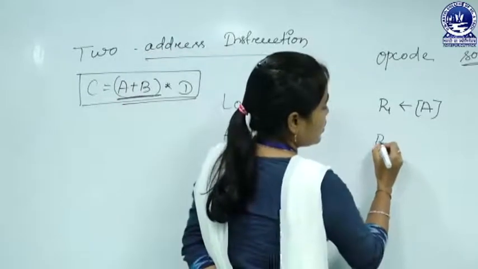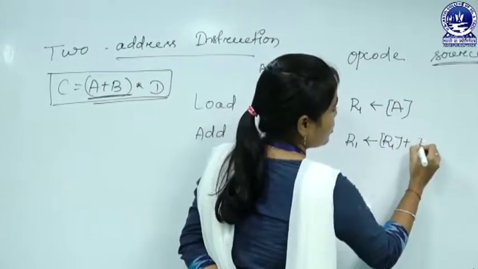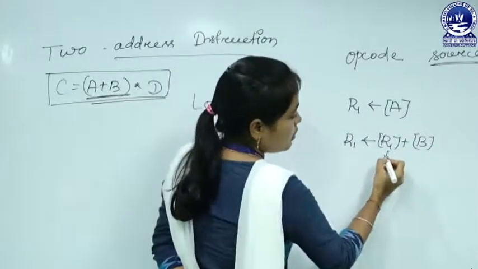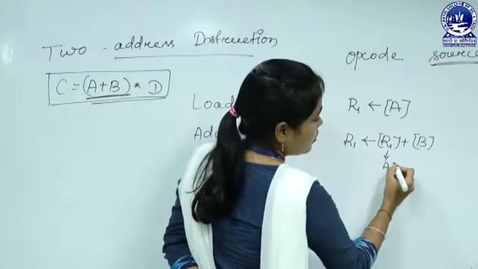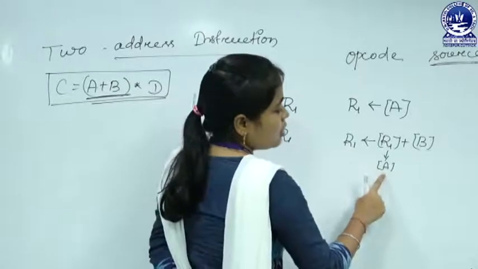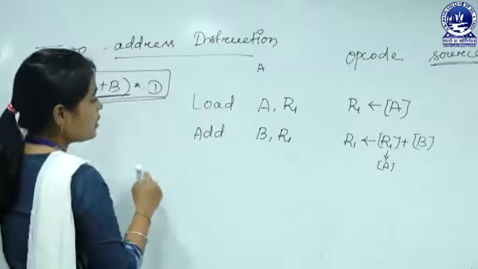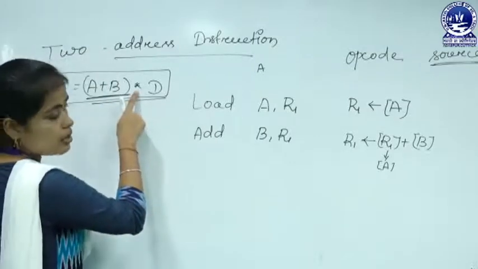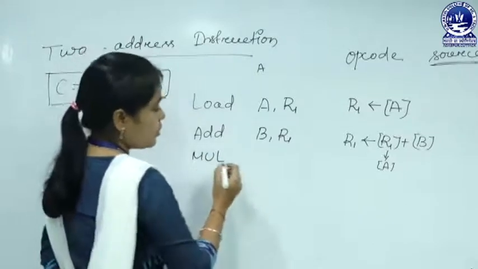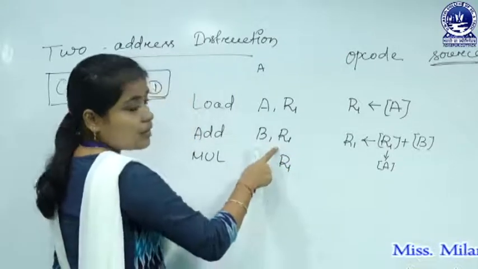So now R1 contains the content of R1 plus the content of B. Previously R1 contained A, so now R1 contains the value of A plus B. Then we have to do the multiplication operation, so simply multiply with R1 and store the value in R1.